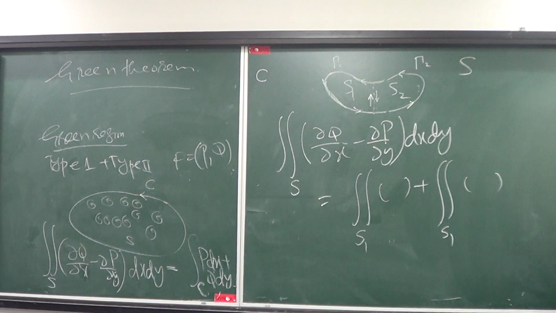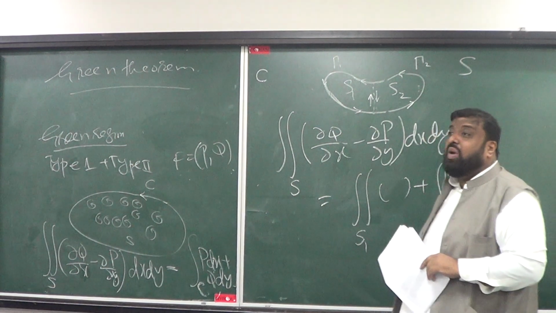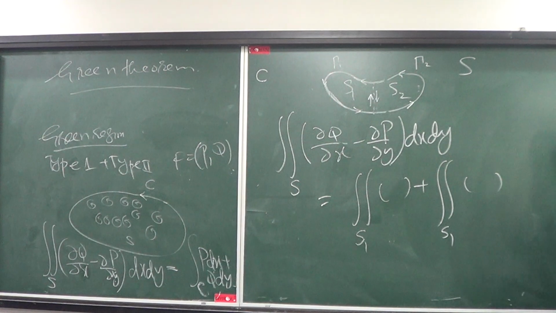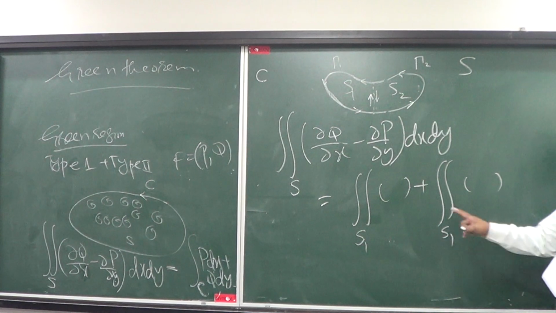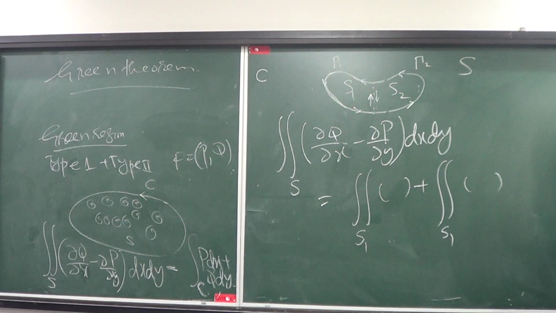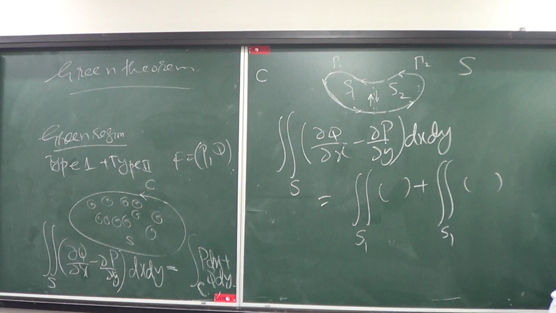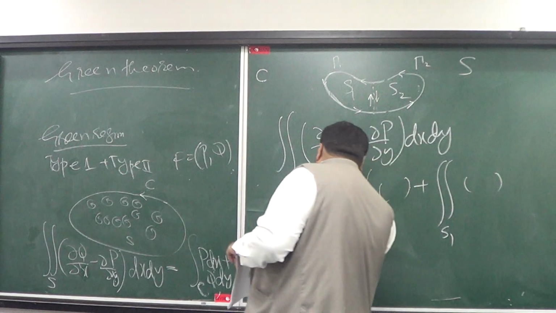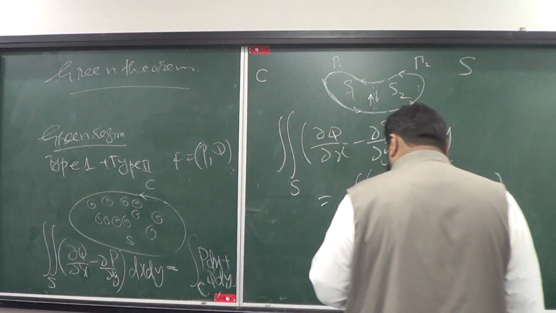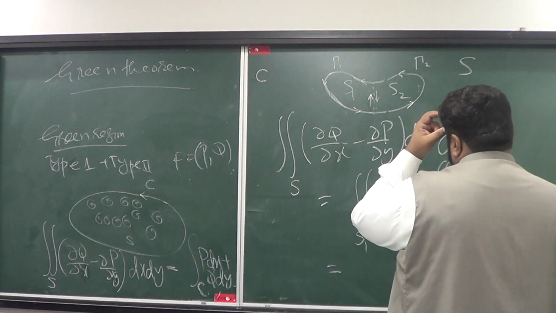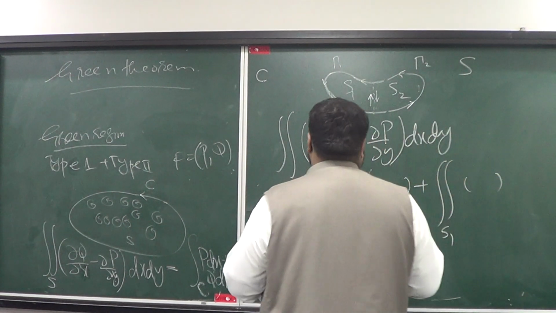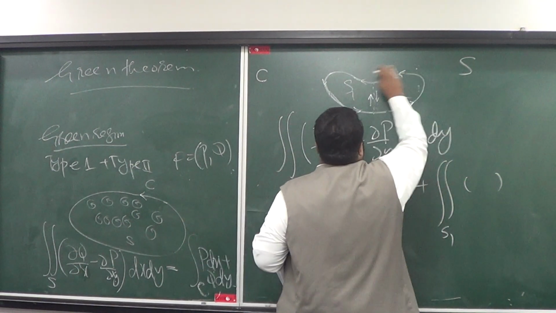Now, for S, I don't know whether it's Green or not. But for S1 and S2, I know that they are Green regions, type 1 and type 2 both. So I can apply Green's theorem here. Okay? So what would be Green's theorem here? Okay. So there's a bit of a difference.